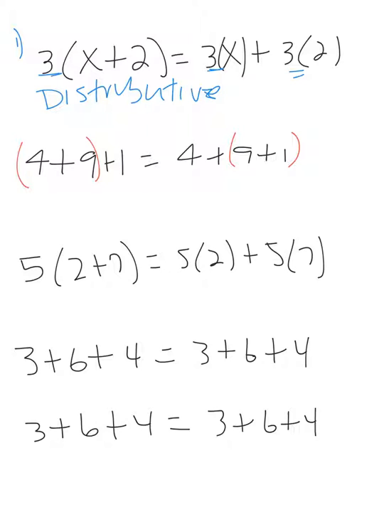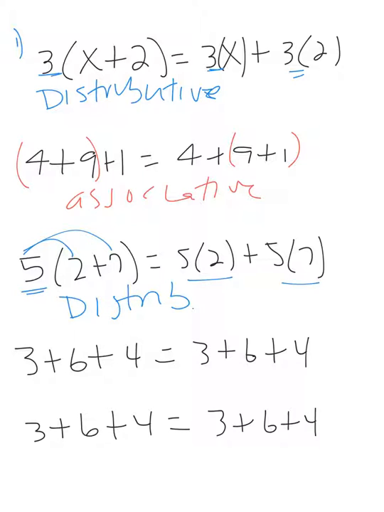What property do we have here? This one is associative because the parentheses are shifting. Down below, our third one, what is that? This is distributive property. The 5 is being shared with the 2 and the 7 through multiplication.